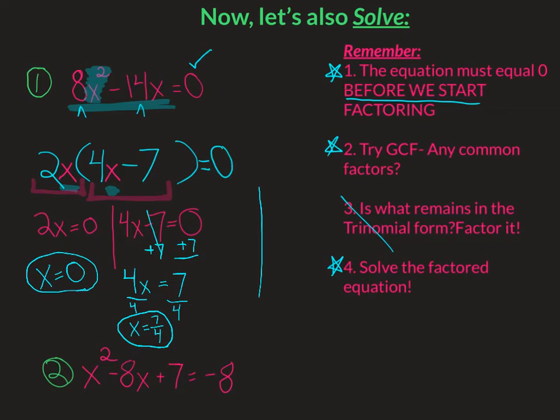And if you think about it, remember solutions are the same as x-intercepts. So we could even sketch a graph of this. We could say, well, 0 on the x-axis we'll say is there. 7/4 is a little over 1.5. So if I was going to take a guess, about right there. And since the front term is positive on this quadratic, that tells us it's upward.